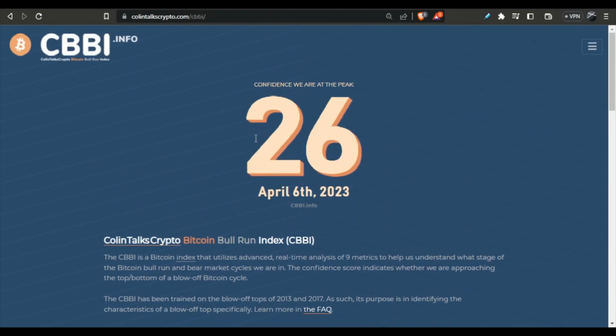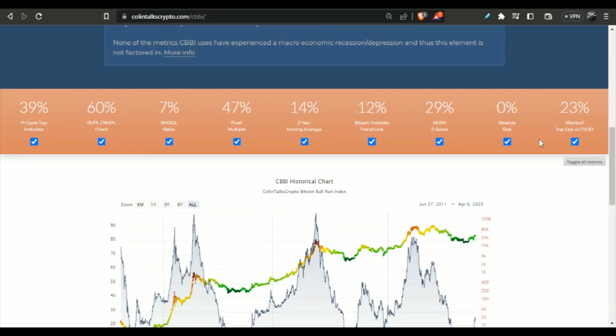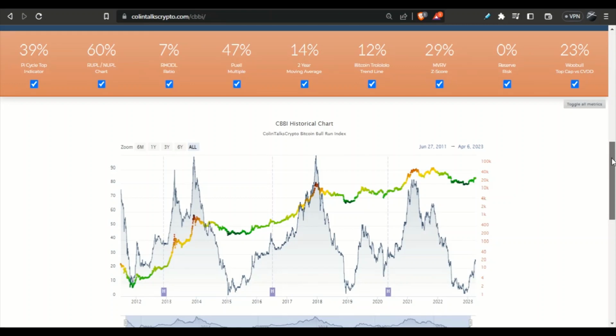So we're at 26, and the 9 on-chain metrics, which we will discuss one by one each in an episode, would be the Pi Cycle Top indicator, the RUPL NUPL chart, the R-HODL ratio, the Puell Multiple, the 2-year moving average, Bitcoin Trolololo trend line, MVRV Z-score, reserve risk, and the Woobull top cap versus CVDD.